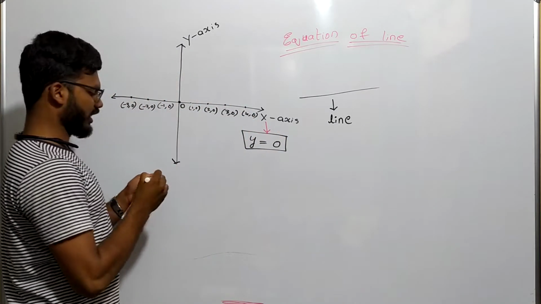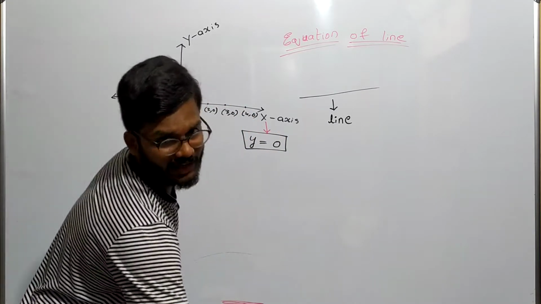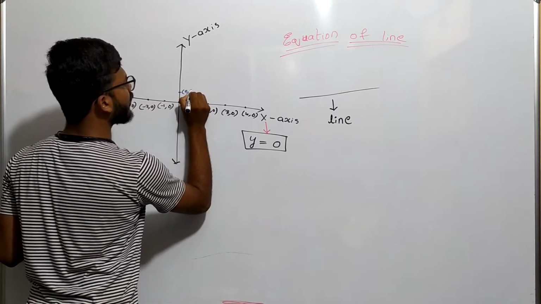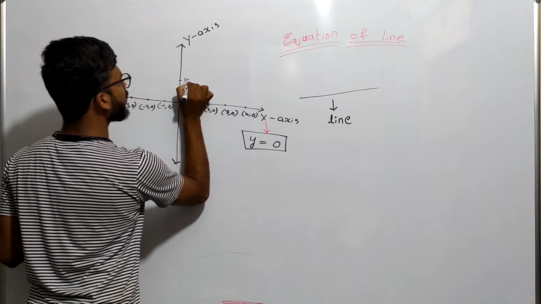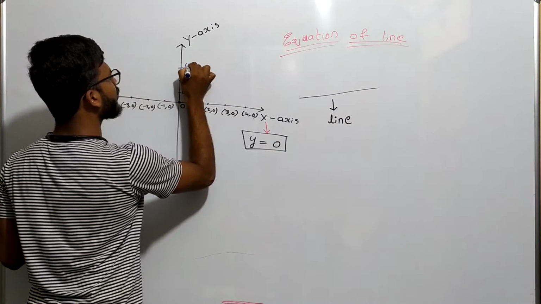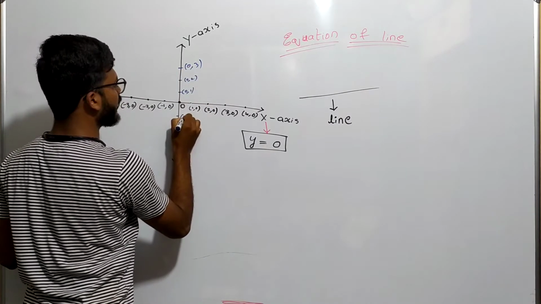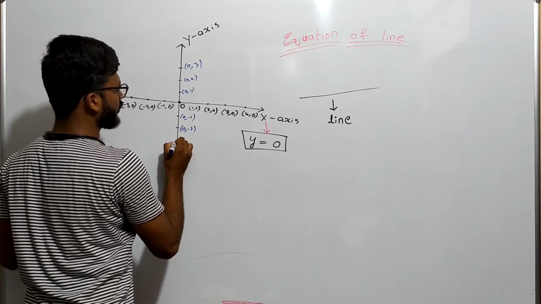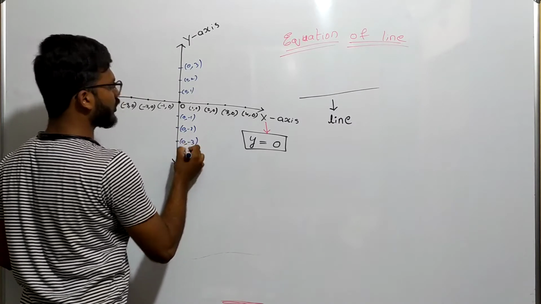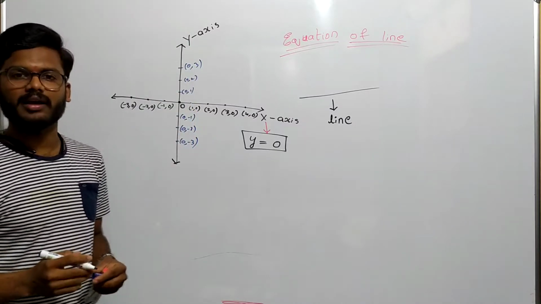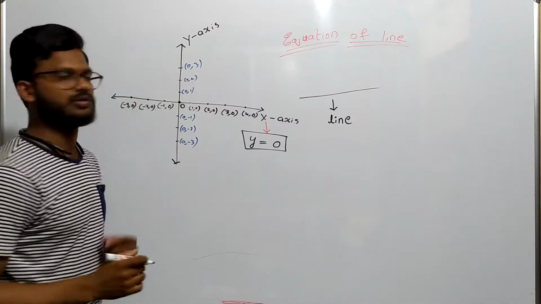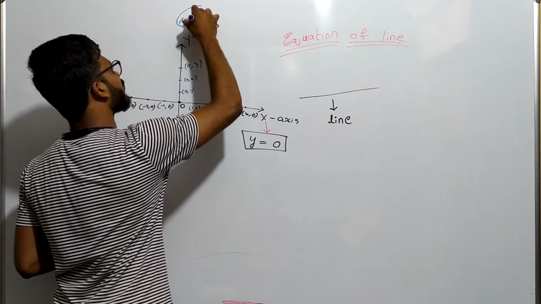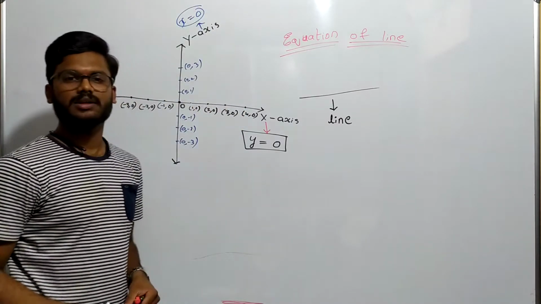In the same way, on y-axis, this point we can tell as 0 comma 1, right? This is 0 comma 2, 0 comma 3, so on. In the same way, 0 comma minus 1, 0 comma minus 2, 0 comma minus 3. So all the points have x coordinate equal to 0. So you can write x equal to 0 is the equation of y axis.